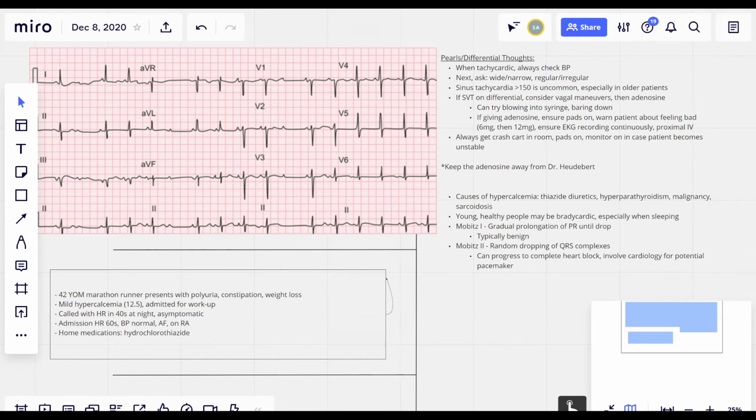Chest X-ray. Kiara, what are your take-home messages today? In the first case, that with a heart rate over 150, you don't just have to think about supraventricular tachycardia. Also, you have to rule out if there's an atrial flutter and give the correct management.